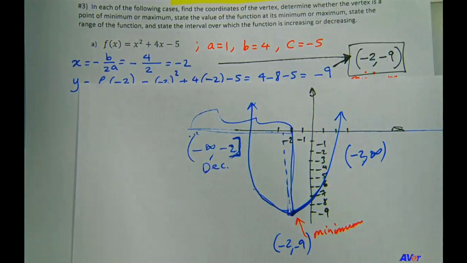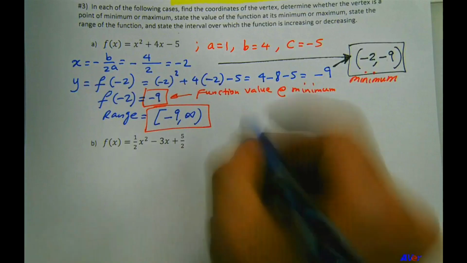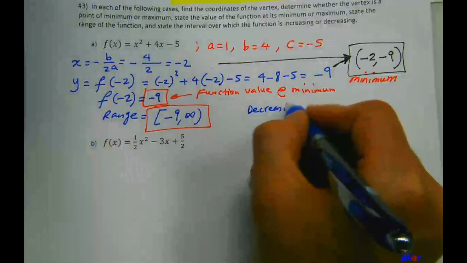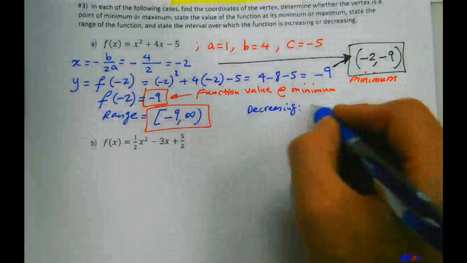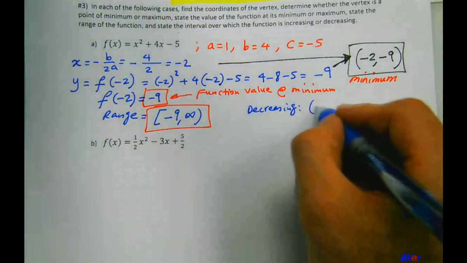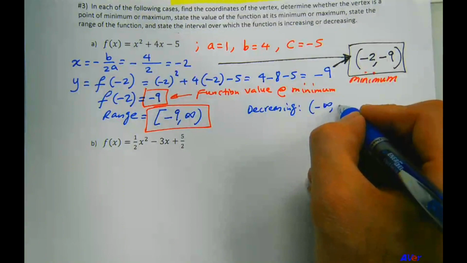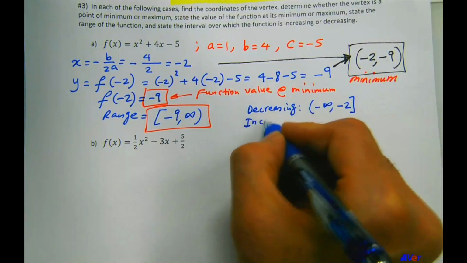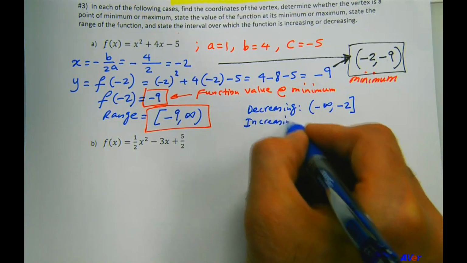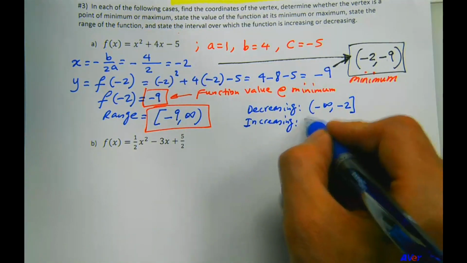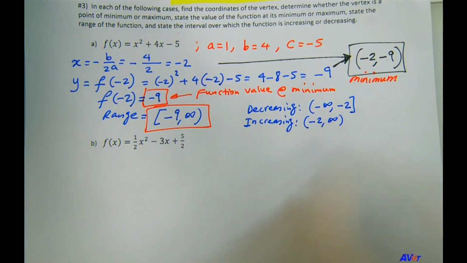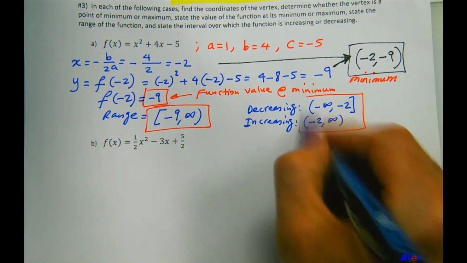Okay, so let me then write that down. So decreasing over -infinity comma -2 bracket, and increasing over the interval parenthesis -2 positive infinity. Okay, like that.